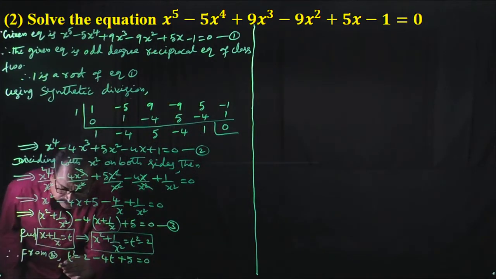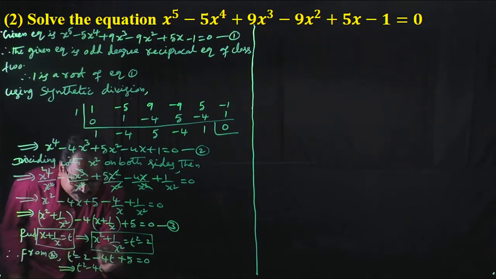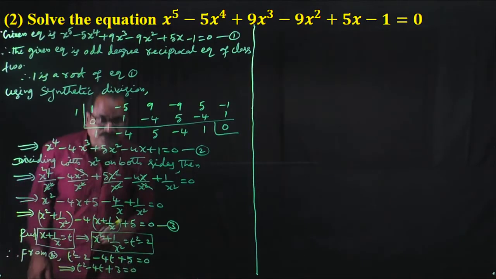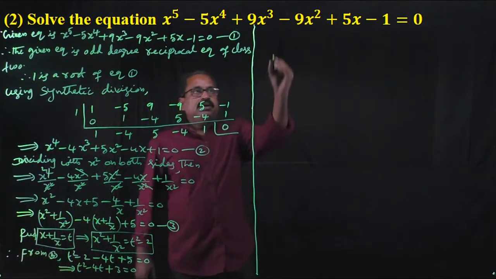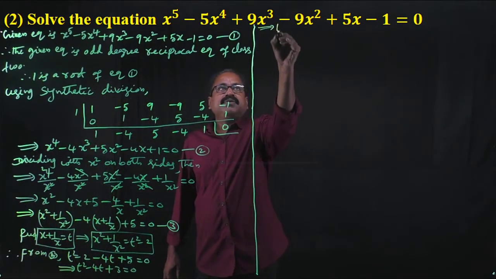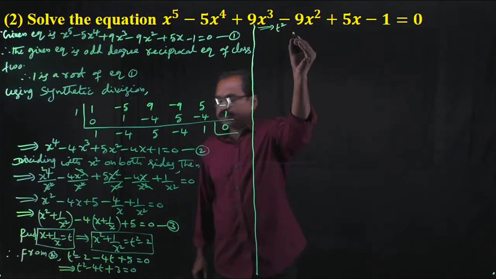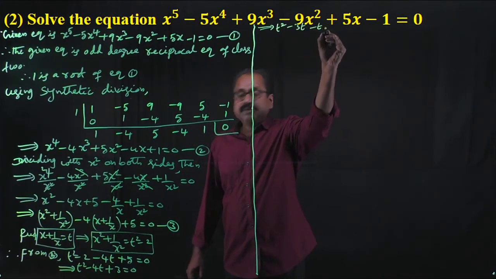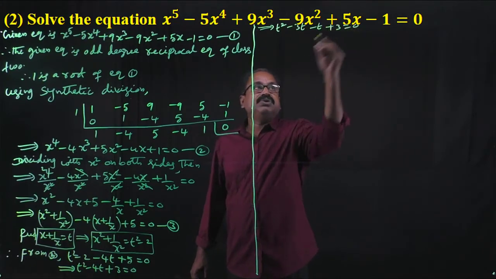This implies t square minus 4t minus 2 plus 5, that is plus 3, is equal to 0. The factors are t square minus 3t minus t plus 3 is equal to 0.